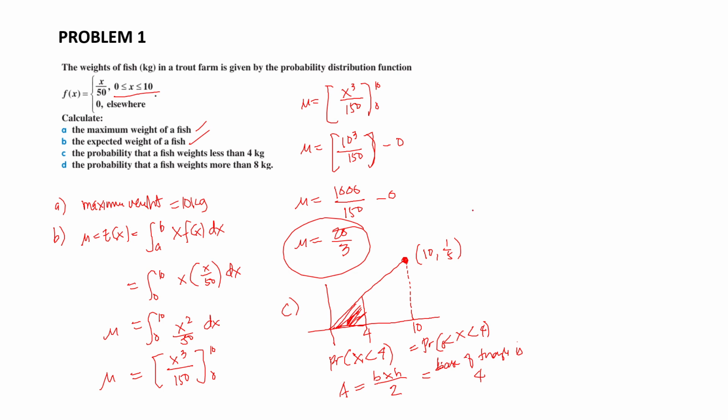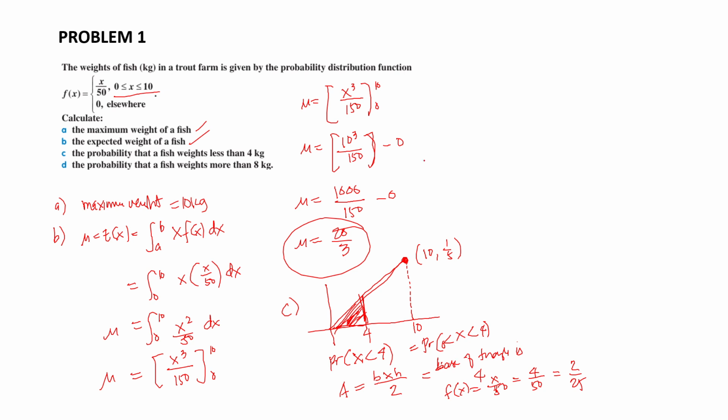The height of the triangle is f(x), which is x over 50. Substituting x = 4, the height is 2 over 25.